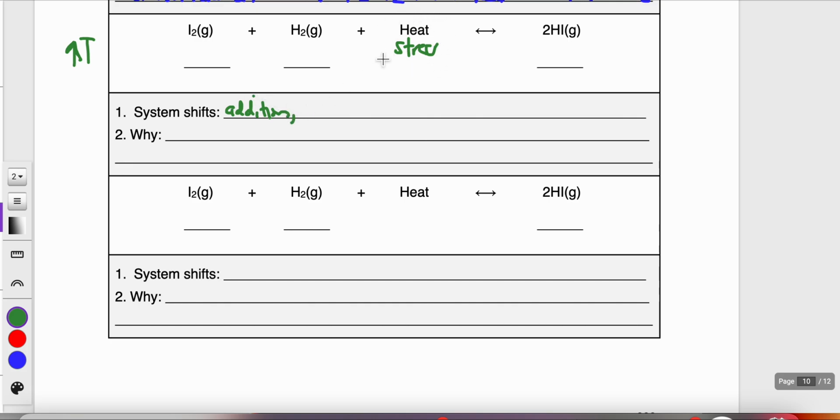The stress, the heat, is on the reactant side. And if it's an addition, then the system will shift away from the stress. So the system in this case is going to shift right.